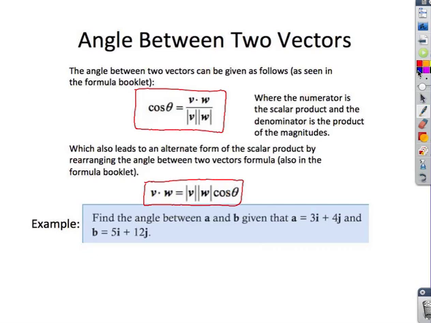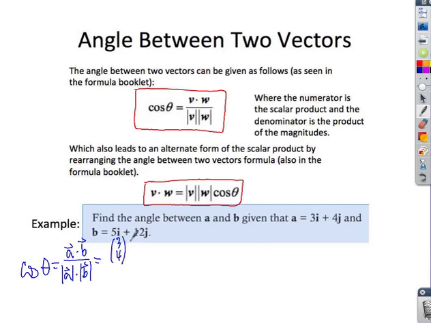That calculation is going to look as follows. So we're finding the cosine of the angle between the two vectors. Just in vector notation, it's going to be A dotted with B over the magnitude of A times the magnitude of B. So the dot product on top will look like this.